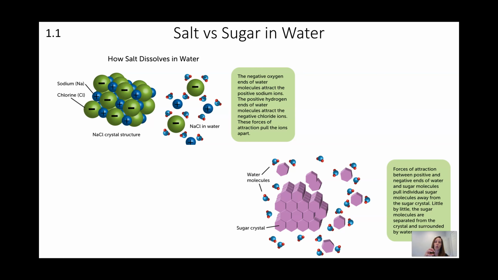The individual molecules stay together, but the molecules separate from one another. If you have a sugar cube and you put that in water, when it dissolves and you can no longer see it, it's not that any individual sugar molecule broke up, it's that all of those molecules moved apart from one another. Sugar and water are both polar, and so water is going to surround one molecule of sugar.